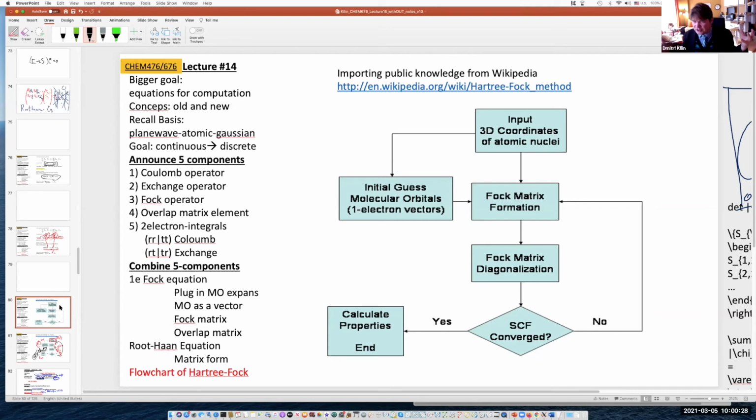But this total energy, since we are solving one-electron equations instead of multi-electron ones, will not be exact.